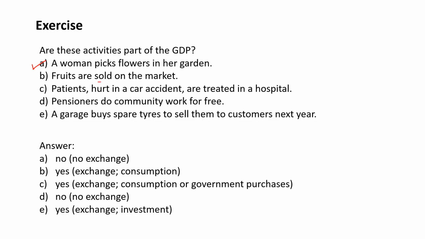Fruits are sold on the market, so it has an impact because there is an exchange of goods and services in the market. It will also impact consumption, because consumption means individuals consume a product or service, so they bought the fruit, so it will increase the consumption expenditure.